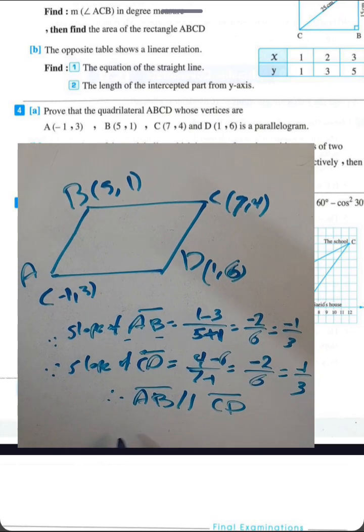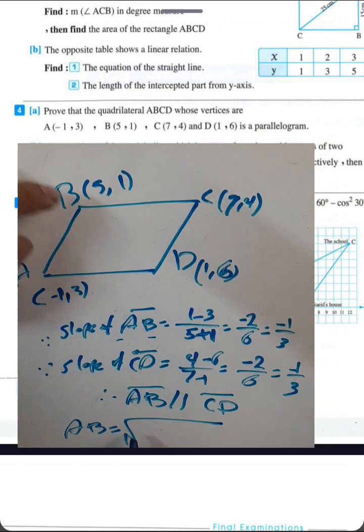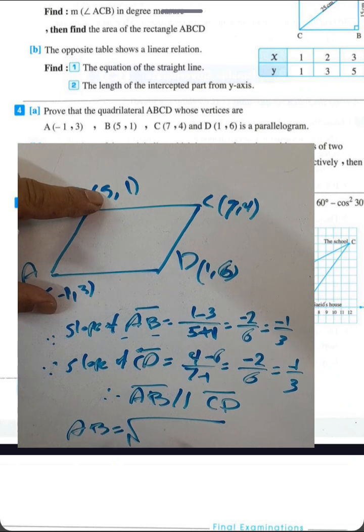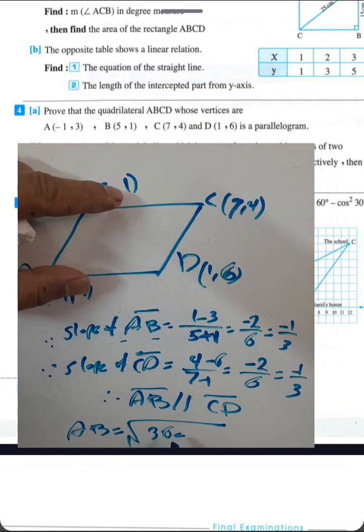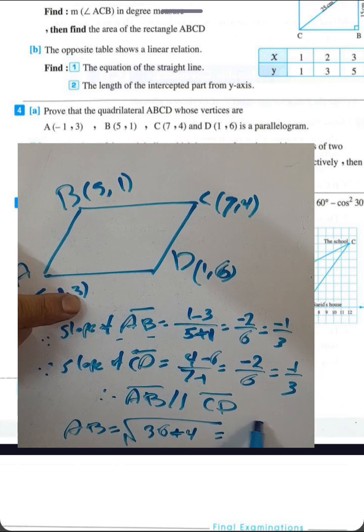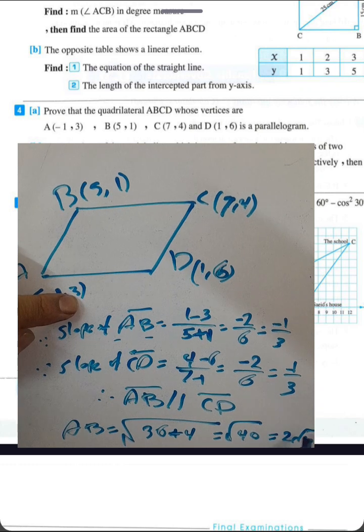And then you can find the length of AB equals square root of (x2 minus x1) squared, 5 plus 1 is 6, 6 squared is 36, and 1 minus 3 is -2, squared is 4, the result will be root 40, which is 2 root 10.